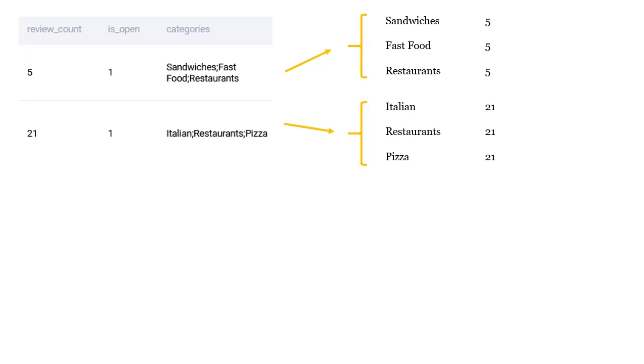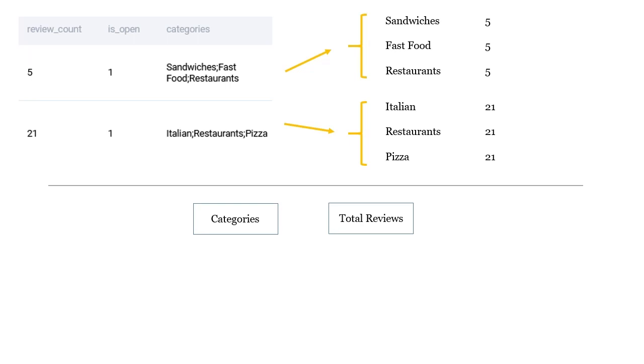Now let's assume that our dataset consists of only these two businesses. So if we wanted to solve this question, given that we want to return two columns, the categories and the total reviews, sorted by the total number of reviews in descending order, then here, because we have restaurants in both of the businesses, and in the first business it has gotten 5 reviews, in the second one it has gotten 21 reviews.